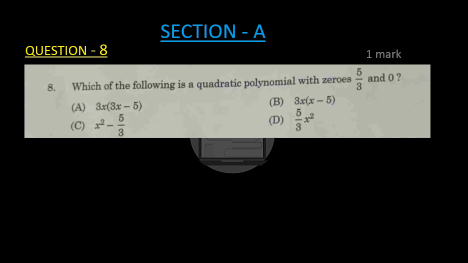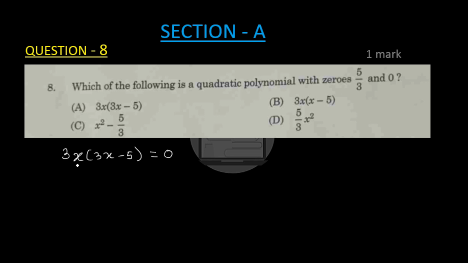Which of the following quadratic polynomials have the zeros 5 by 3 and 0? If we have to find the zeros, we have to equate the quadratic polynomial to 0. So let us pick choice A and equate that to 0. The zeros are the values of x which make the polynomial equal to 0.